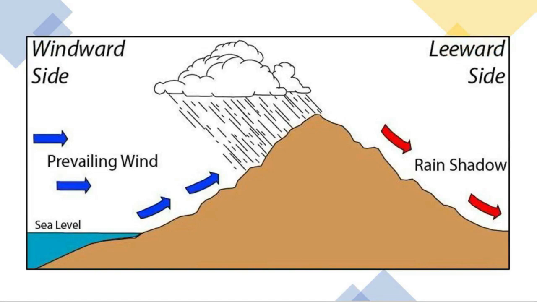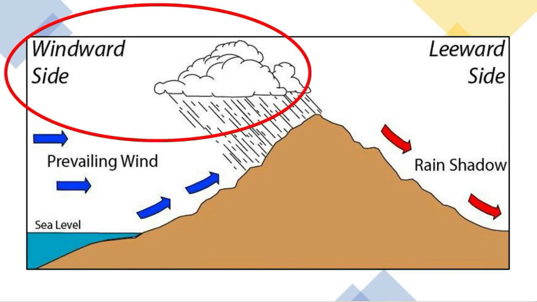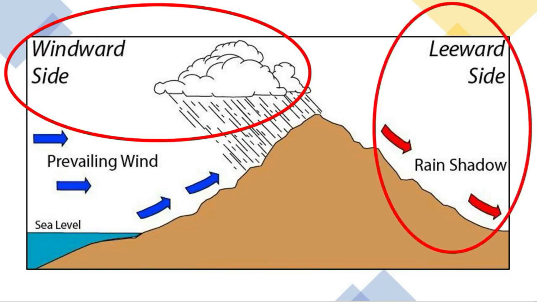The area in which the wind blows is called windward side. The windward side of the mountain receives more precipitation. On the other hand, the area where the wind is blocked by the mountain is called the leeward side.